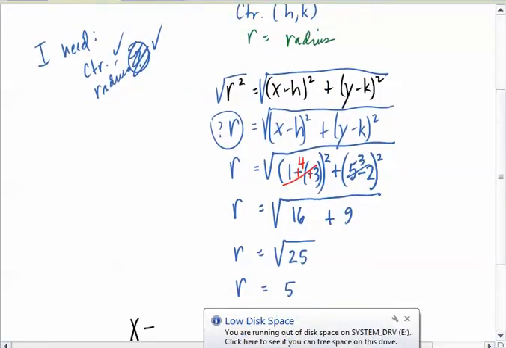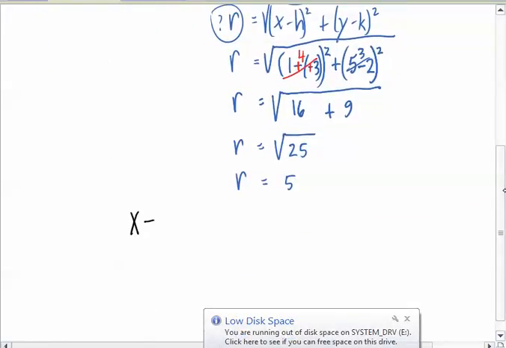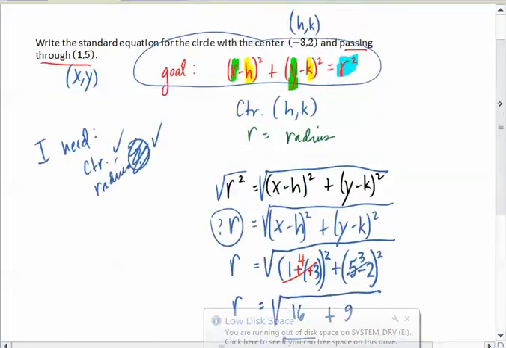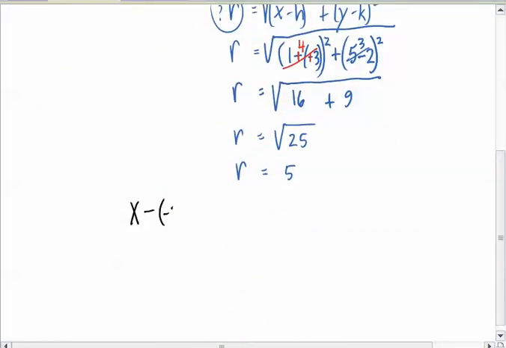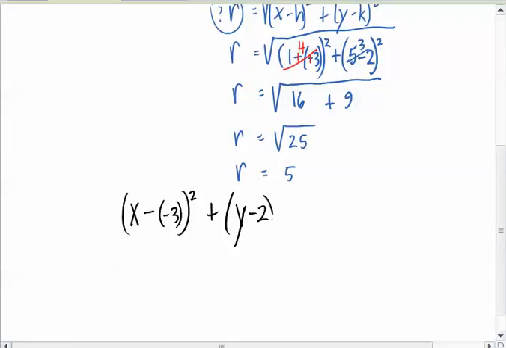Well, that was the center. Let me go back up here. I've got negative 3. Okay, that's that squared. Plus y minus, what was that one? A 2 squared. And that's equal to what? The radius squared, which is 5 squared.